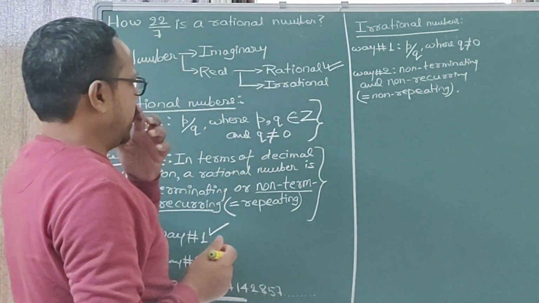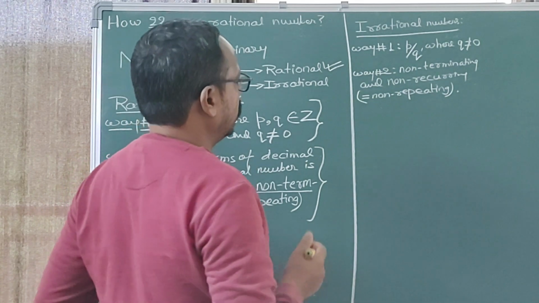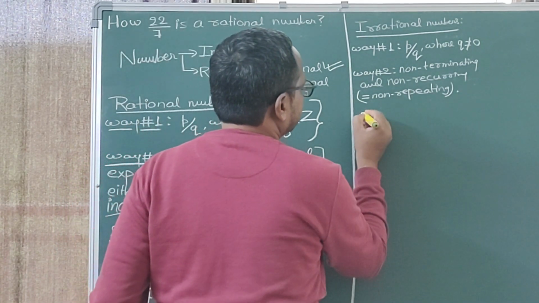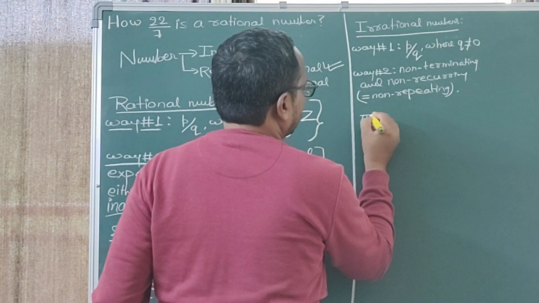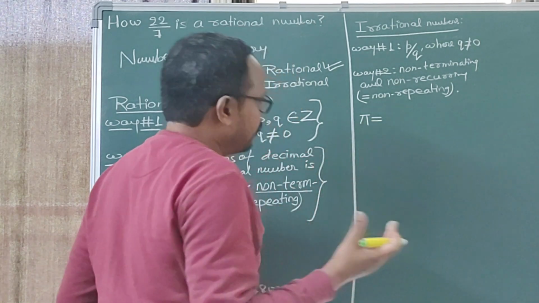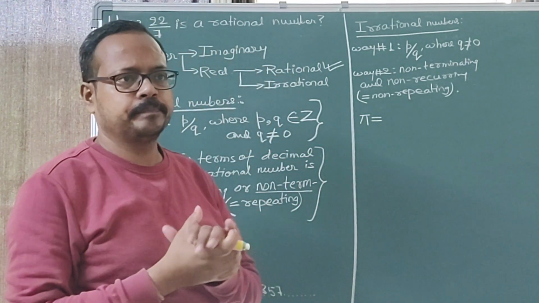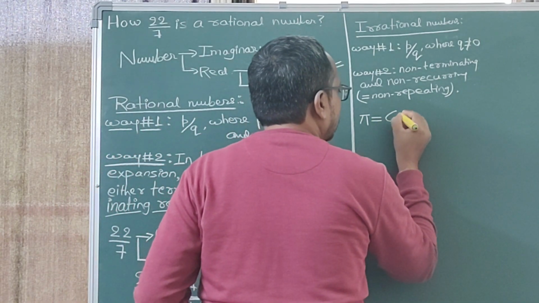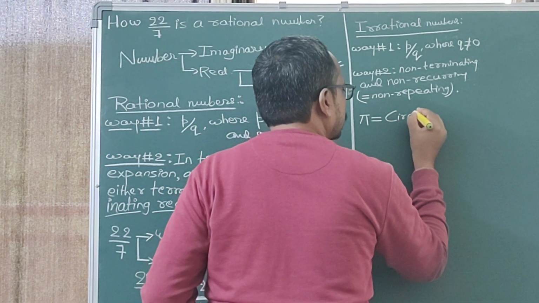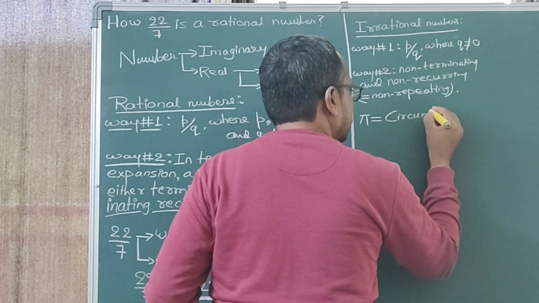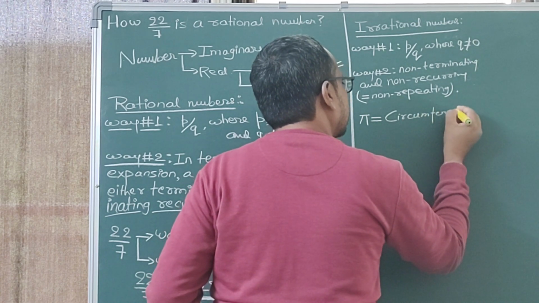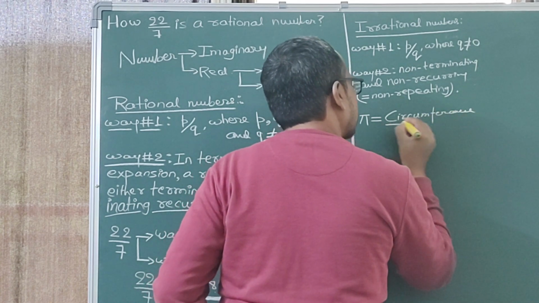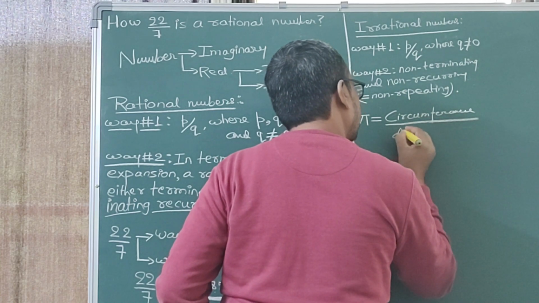So, have you ever tried knowing the exact value of pi? First of all, what is pi? Let's discuss that. Pi is related to the circumference of a circle. You take the circumference of a circle and you divide the circumference by its diameter.